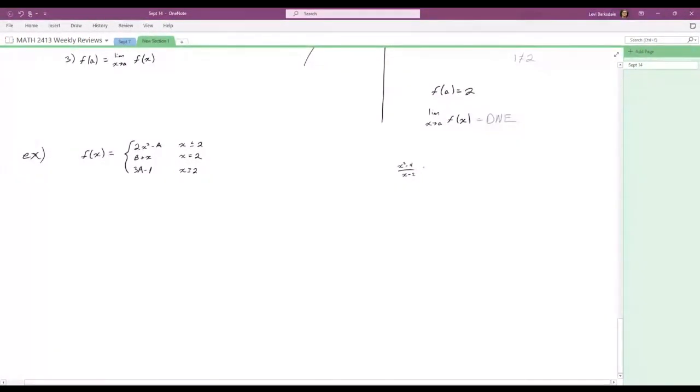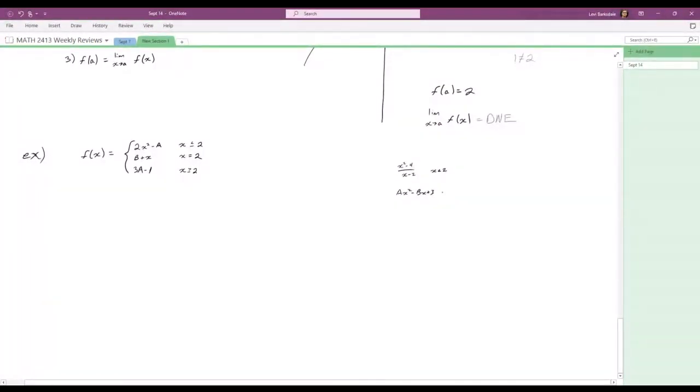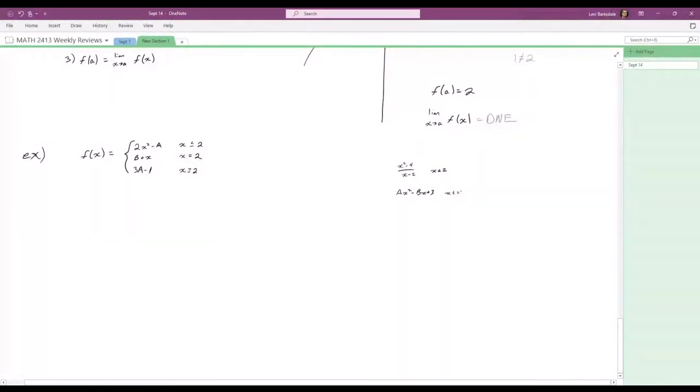And then the second equation is ax squared minus bx plus 3 if 2 is less than or equal to x, or x is less than 3. And then the third equation is 4x minus a plus b if x is greater than or equal to 3.